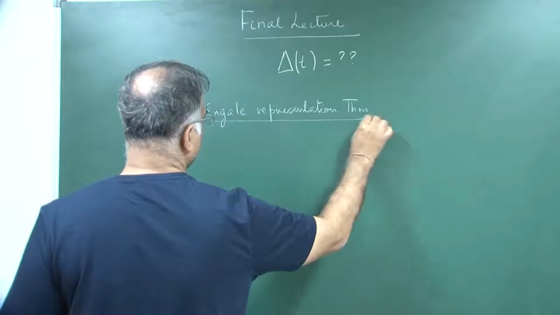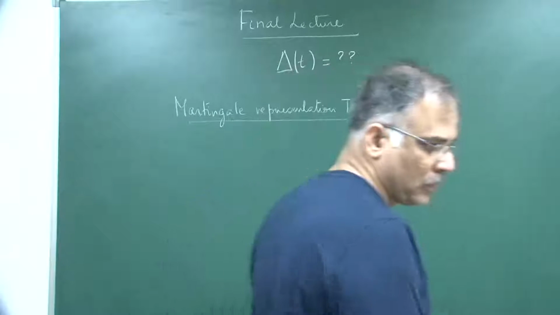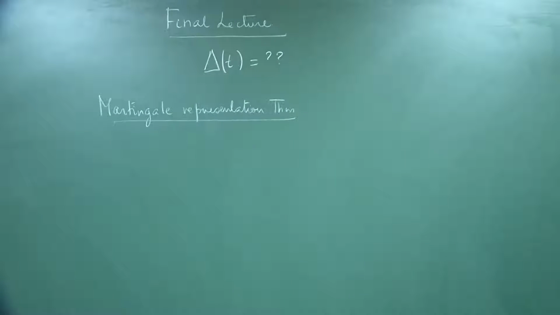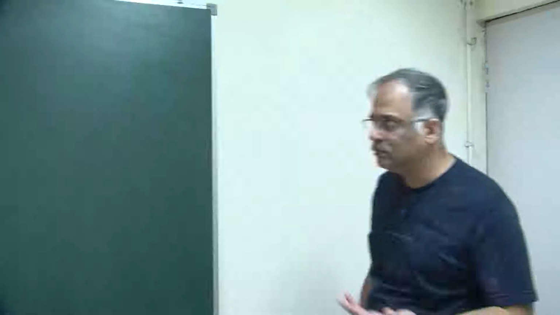So, what is the Martingale representation theorem? It says, give me any martingale which is adapted to a filtration associated with a Brownian motion.